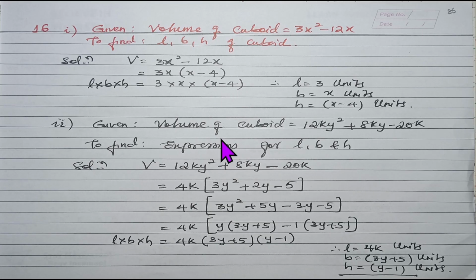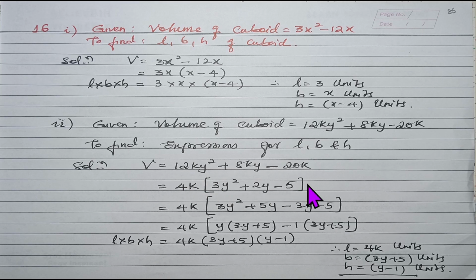Now coming to the next example, we are given the volume of a cuboid as 12ky square plus 8ky minus 20k. Now we have to find the expressions for length, breadth and height again. Now 4k is common in this. So by taking 4k outside, we get 3y square plus 2y minus 5 in the bracket.